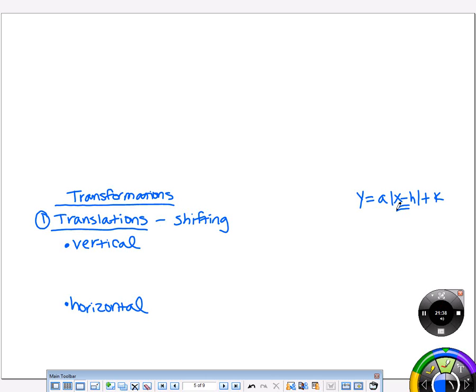So horizontal translations happen when something is added or subtracted, what we're going to call inside the function. Meaning the adding or subtracting is happening to the x inside of whatever it is that you're working with. So like inside the absolute value, inside of the greatest integer function. So like in the brackets, in the bars, in the parentheses being squared, inside with the x.